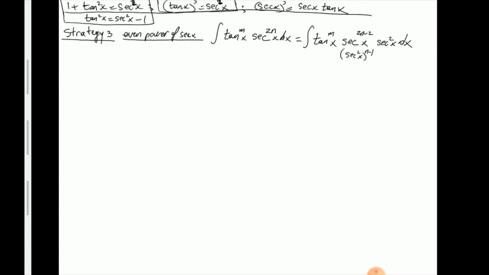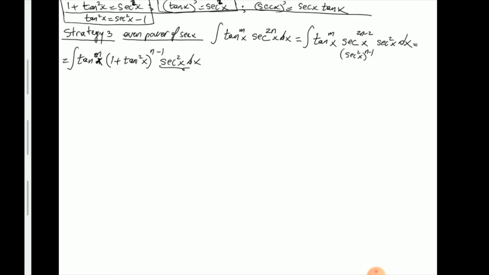And by doing so, you can use the identity in the first format to replace secant squared in terms of tangent. So you have your initial term, tangent to the power m of x. Secant squared is replaced by 1 plus tangent squared, to the power of whatever is left there, and secant squared x dx.